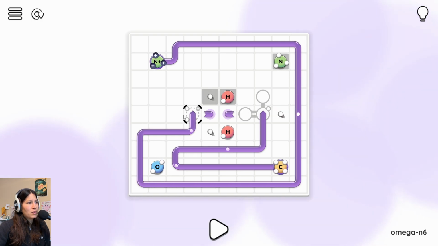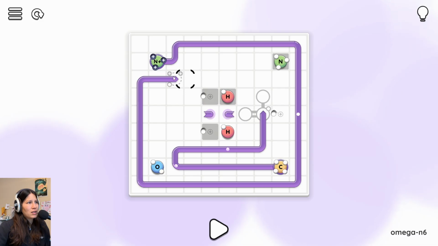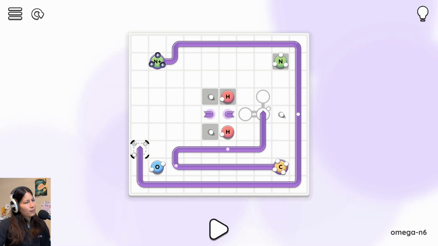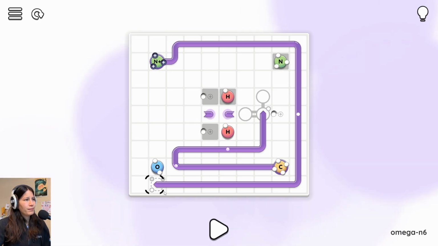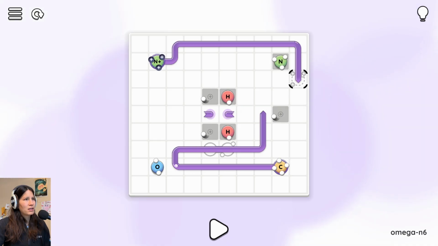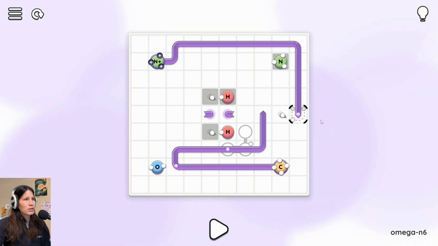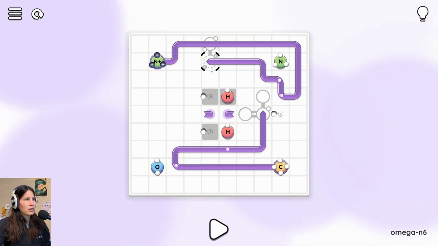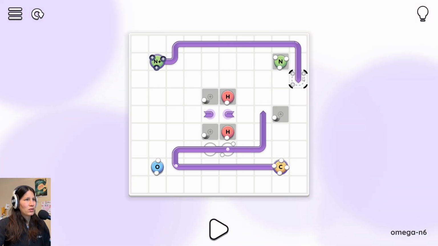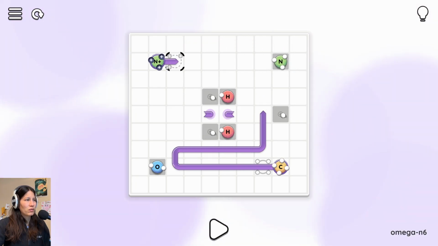No. So yeah, because I have to get the nitrogen and then go back to the exit, which doesn't work. Because if I pick it up first and then it's not gonna bond. Yeah, and I need it to bond. So it does not bond if I pick up the nitrogen first.